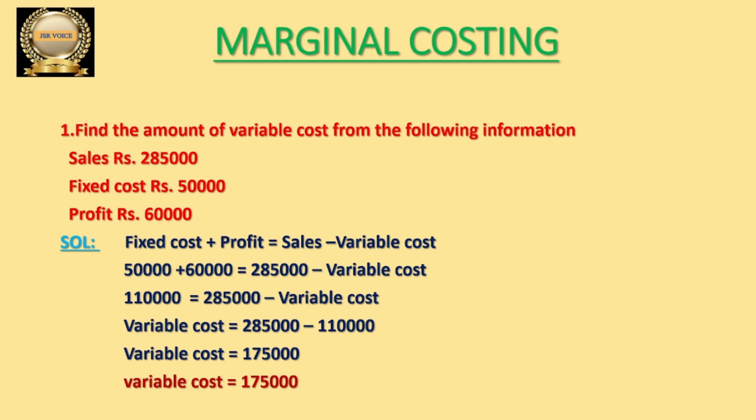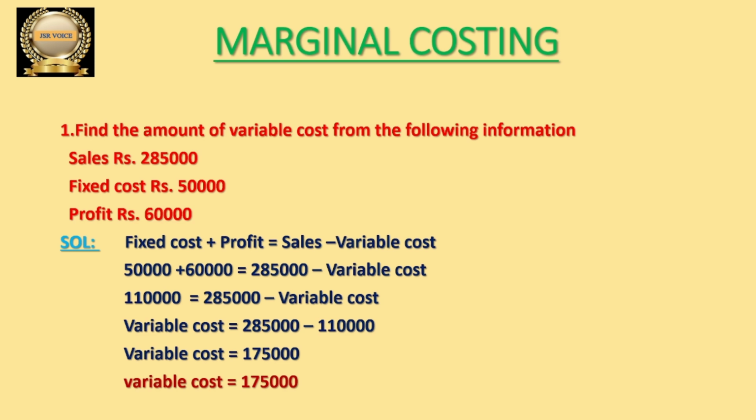And 1,10,000 you bring to the other side after 2,85,000, so plus 1,10,000 will become minus 1,10,000. That is why in the next step we have variable cost is equal to 2,85,000 minus 1,10,000. If we subtract 1,10,000 from 2,85,000, we will get 1,75,000. So variable cost is equal to 1,75,000.